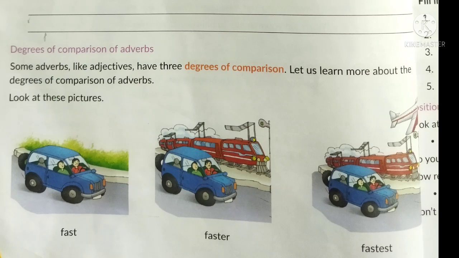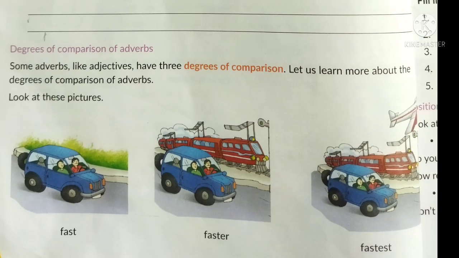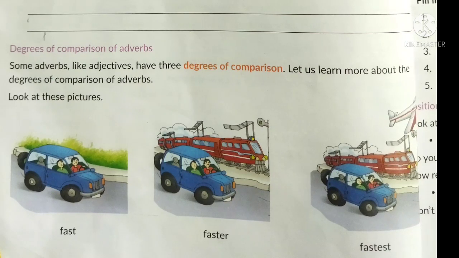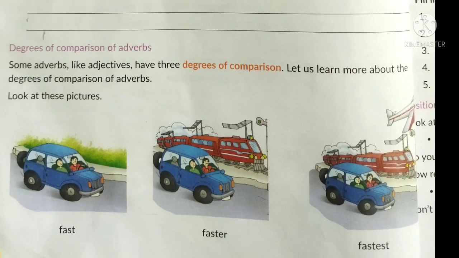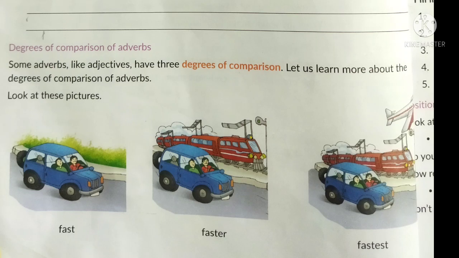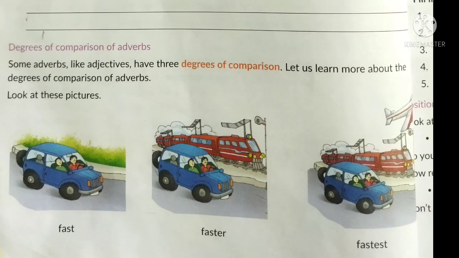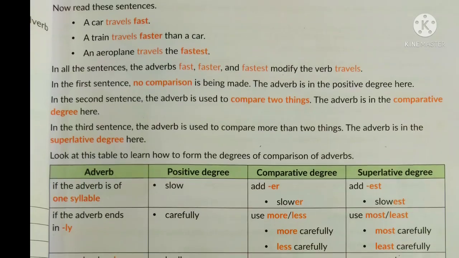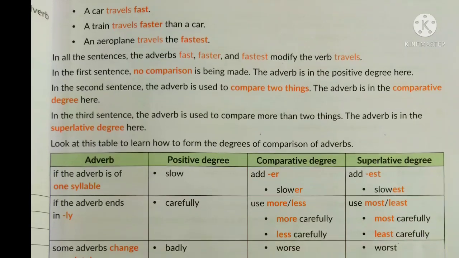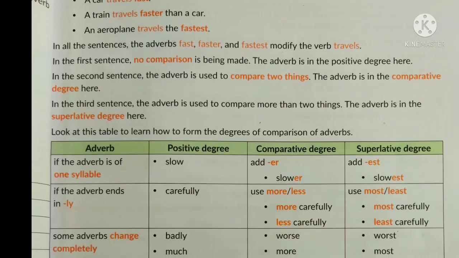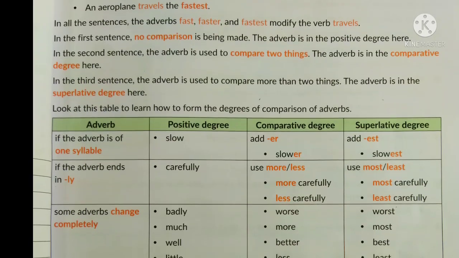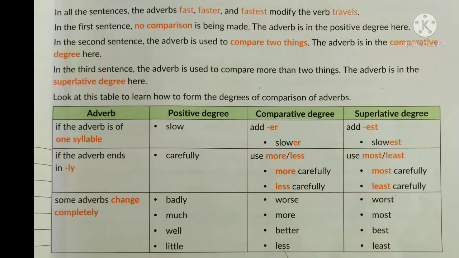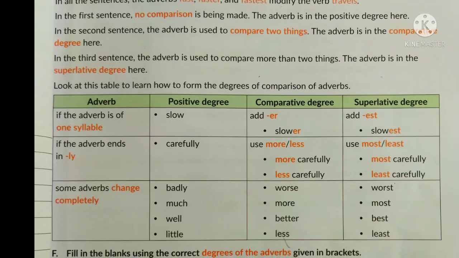In the first sentence, a car travels fast, there is no comparison being made, and so the adverb is in the positive degree. The first degree of comparison of adverbs is the positive degree. In the second sentence, a train travels faster than a car, the adverb is used to compare two things.